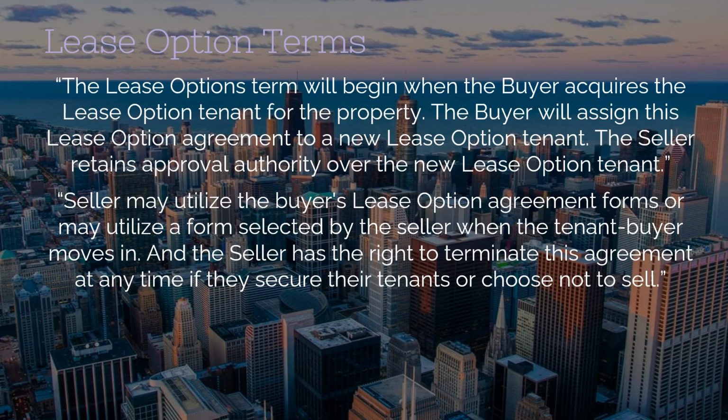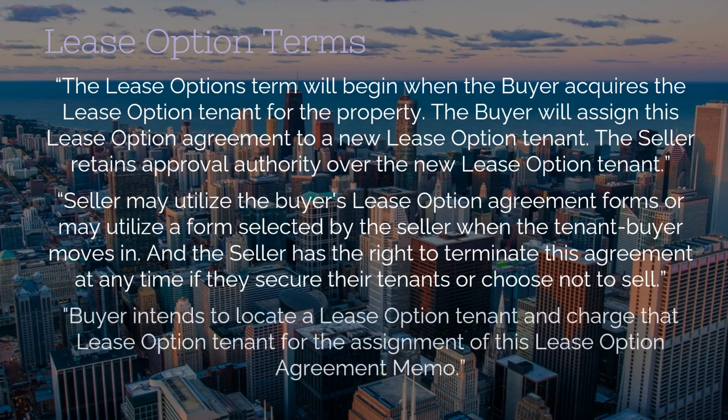The following line reads, the buyer intends to locate the lease option tenant and charge the lease option tenant for the assignment of this lease option agreement memo. The lease option tenant will then pay the seller the monthly lease payment until the option is exercised or the option term expires. The seller agrees to allow the buyer to place a sign for advertising the property for sale in the yard.